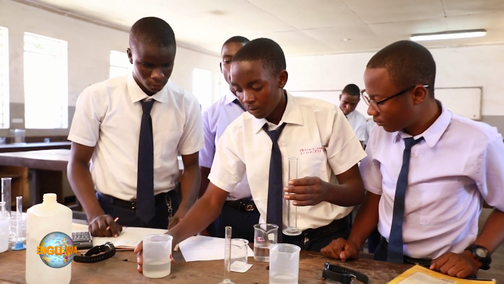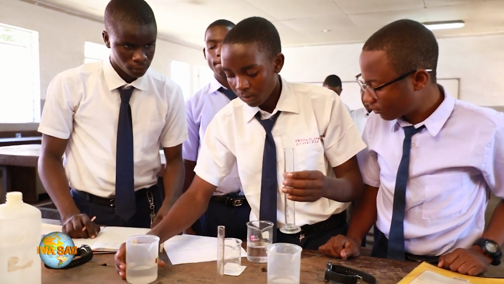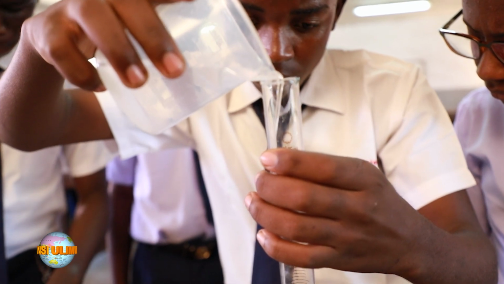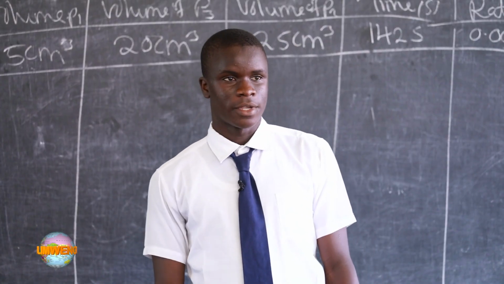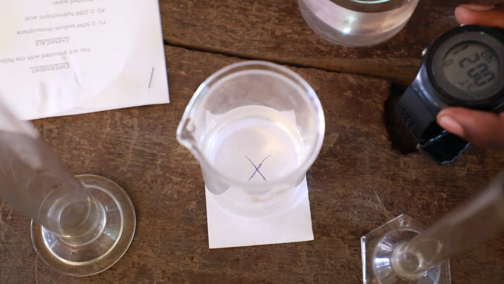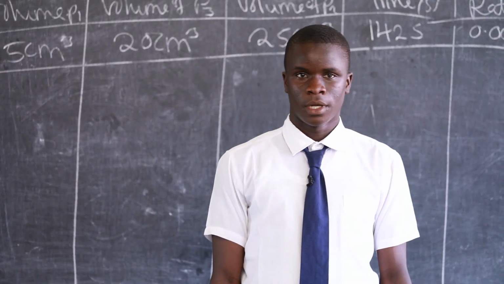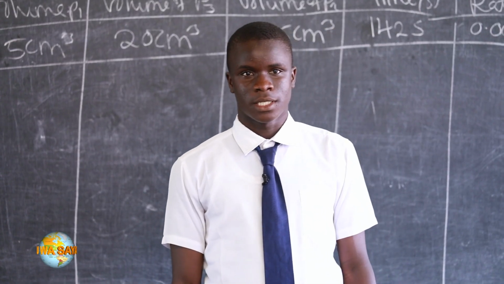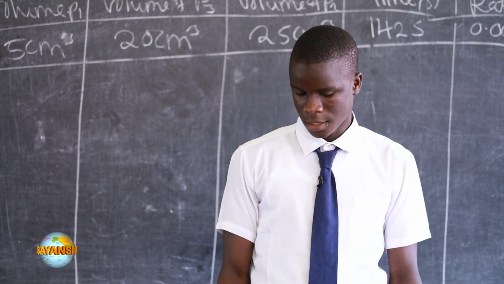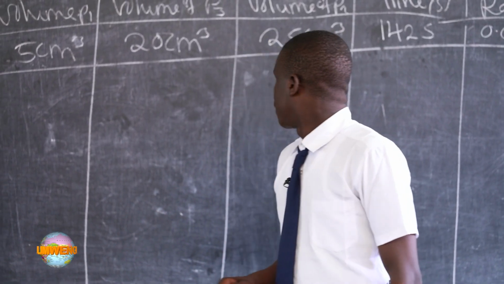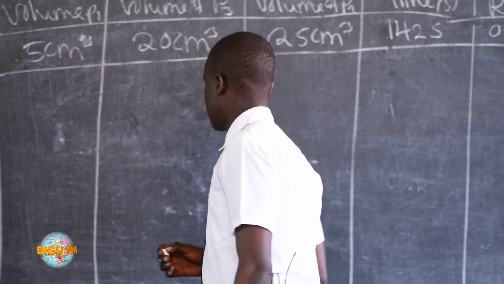We were given the volume of sodium thiosulfate, which was 10 cubic centimeter, the volume of water, 15 cubic centimeter, and the volume of hydrochloric acid, which is 25 cubic centimeter. Now I'm going to explain the time taken for the reaction to reach completion.